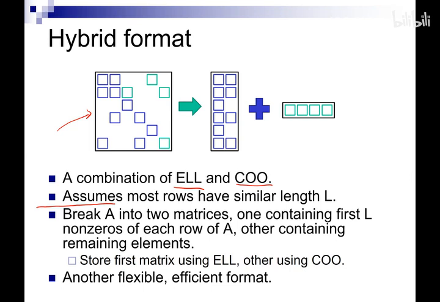You can use this to represent any matrix, because in the worst case, you just represent everything using COO. But it's going to be very efficient when most rows have about the same length, so that the ELL part is large and the COO part is small.